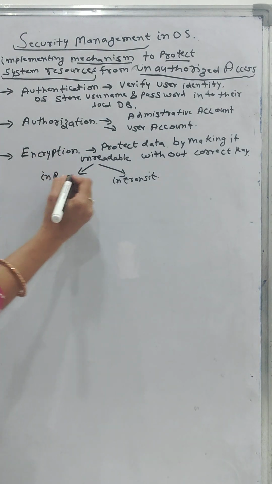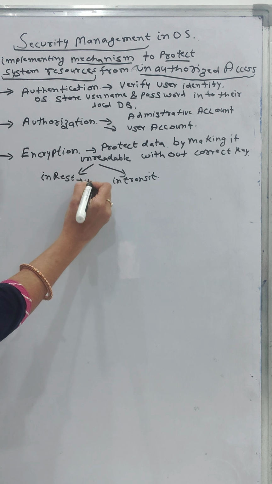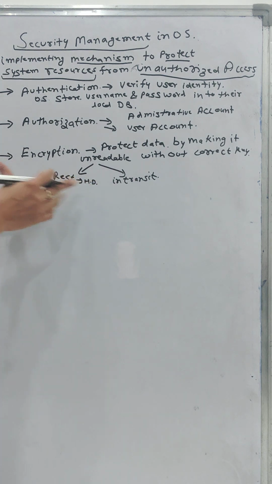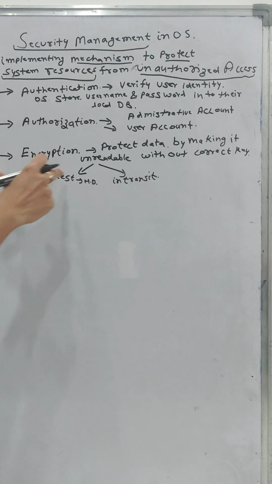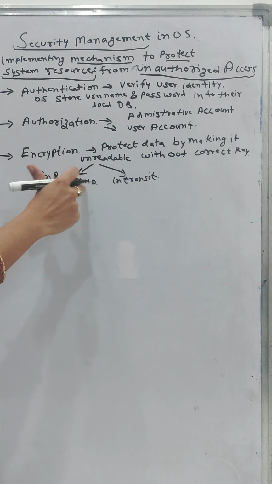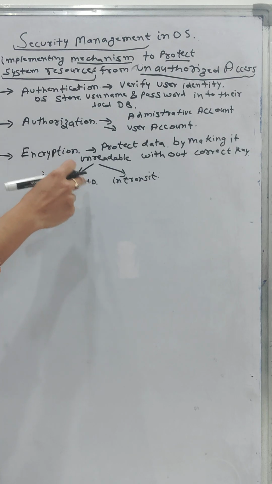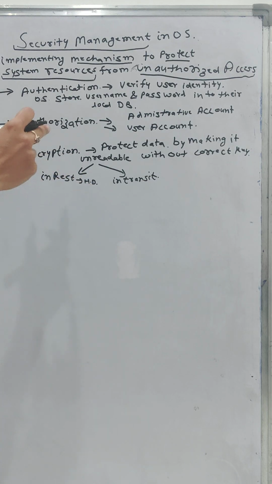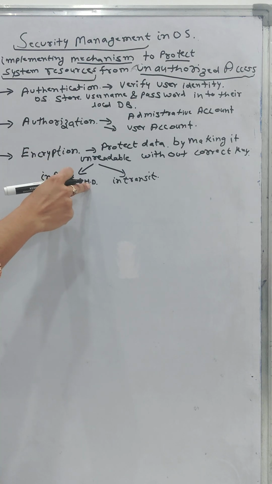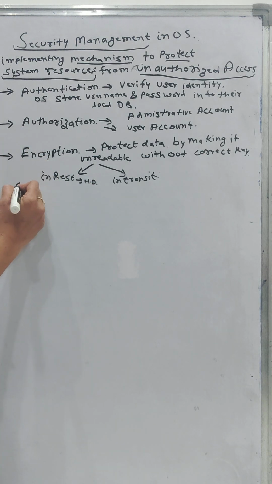Data at rest is your hard disk. All the data on your hard disk comes under this category. The operating system can lock your hard disk by making it encrypted. Only if we know the particular key can we open the hard disk. An example of this is full disk encryption.